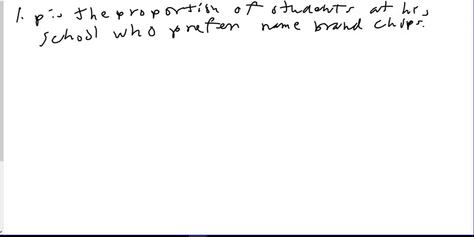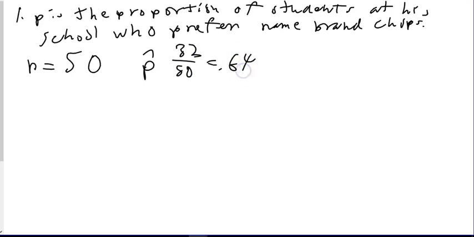I do want you to look at this later in the book. Not everybody has the book. Our N is going to be a smaller one than we've been doing so far. N is only 50. That's a 5. 50 kids. The P hat, well, they talked to 32 kids. So 32 kids out of 50. That's 64%.